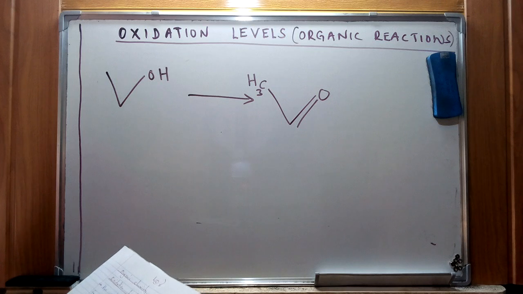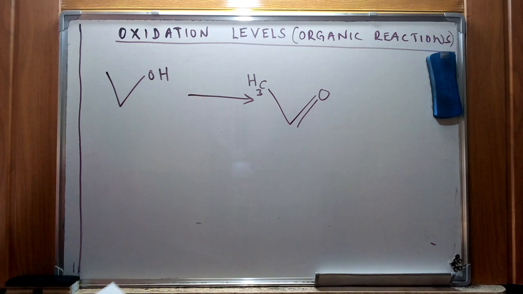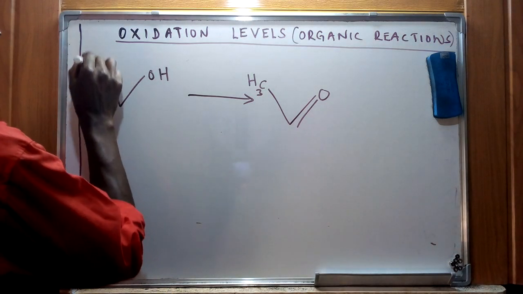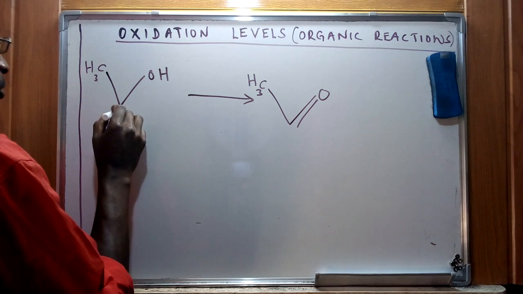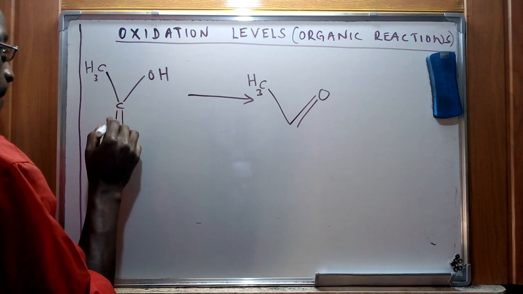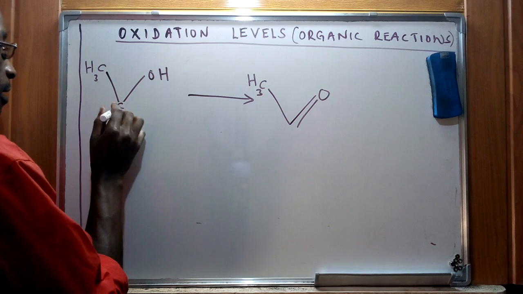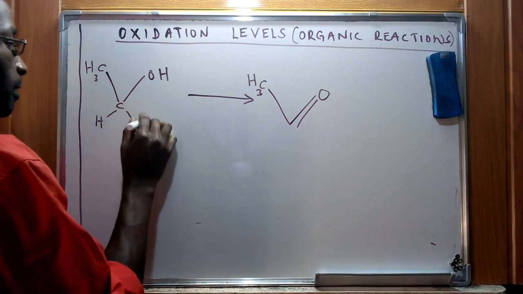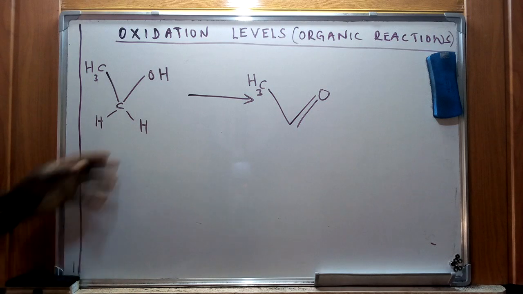Now if we look at this particular case, we're going to identify the atoms which are involved, and I can expand this so that we identify the atoms attached to this element.